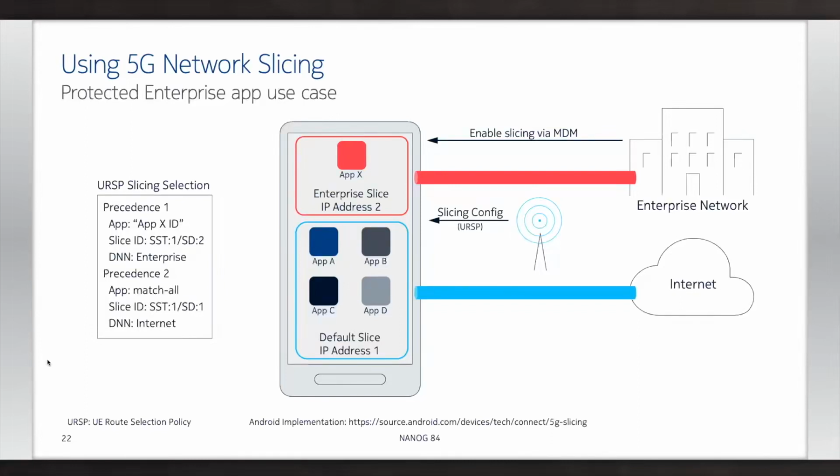But once the device receives that message, it's going to say, oh, okay, for the app X, I need to use slice enterprise, and the slice ID is this one, SST1 SD2. So that is just how slices are configured, the ID inside the 5G core. So in this case, it knows that it needs to connect to the specific enterprise slice.